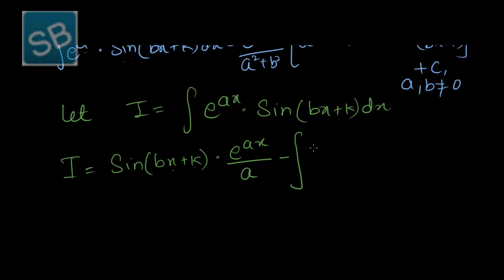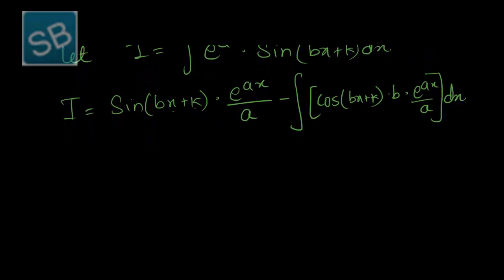The derivative of sine bx plus k is cos of bx plus k into b, into the integration of e raised to power ax, which is e raised to power ax over a, whole integration dx.